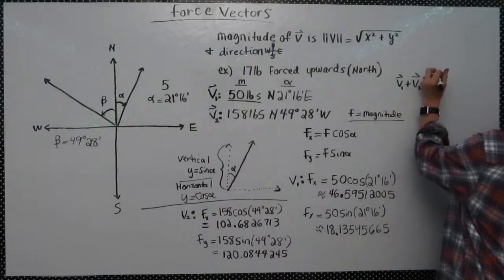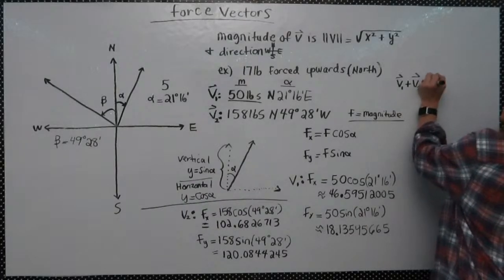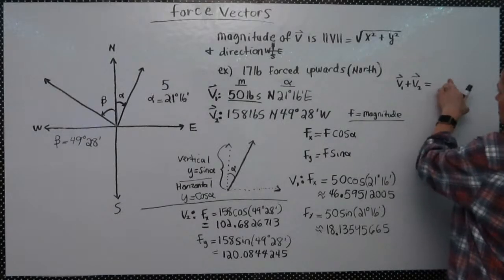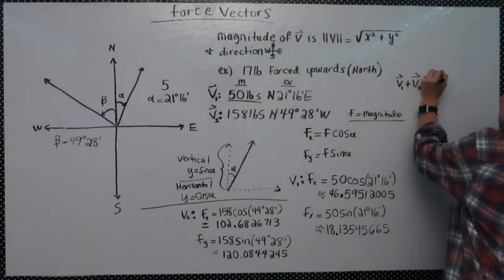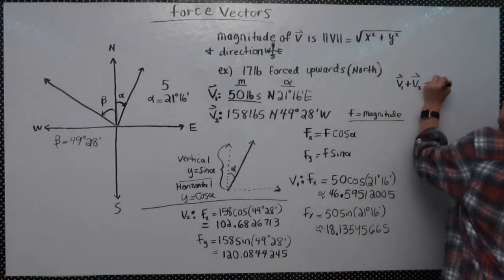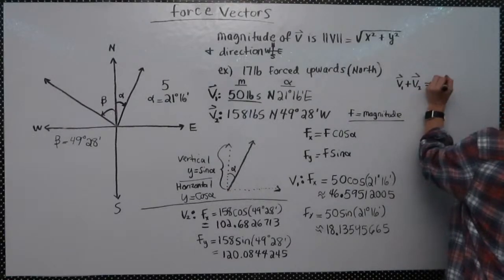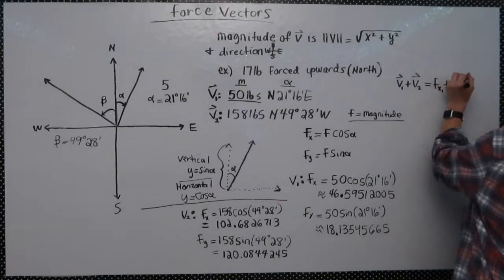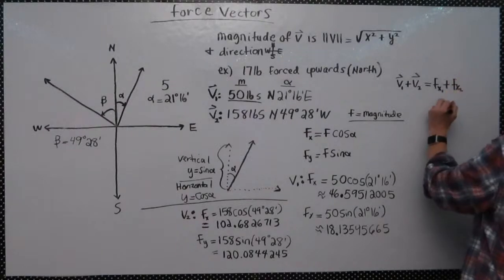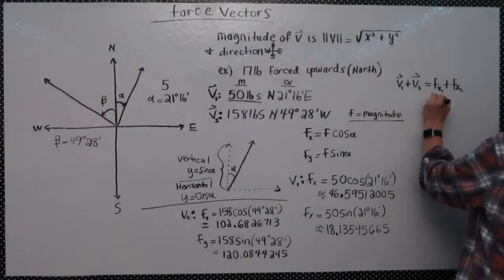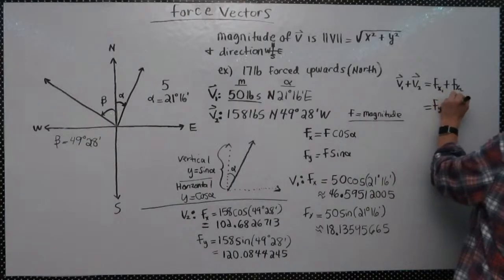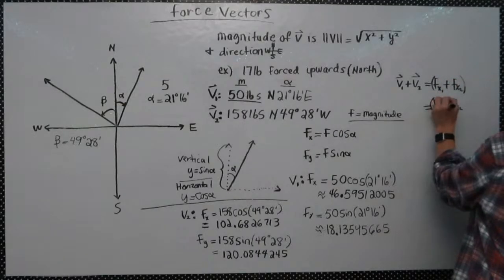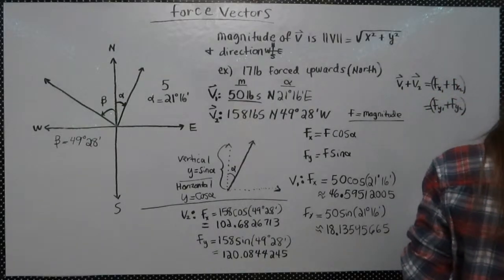So we've got F of x sub 1 plus F of x sub 2, and F of y sub 1 plus F of y sub 2. Basically, you have two different components, an x and a y, and you have to add them together.